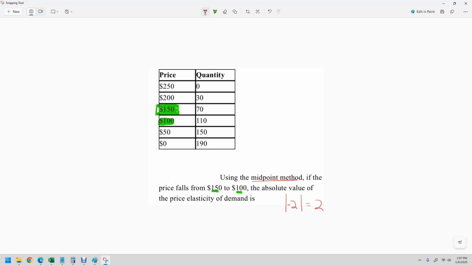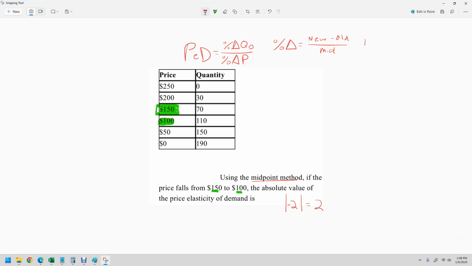So our formula for price elasticity of demand is the percentage change in quantity demanded over the percentage change in price. When we calculate the percentage change using the midpoint method, it's going to be the new value, or value number 1, minus the old value, which is really just the difference between the two values, divided by the midpoint between the two.